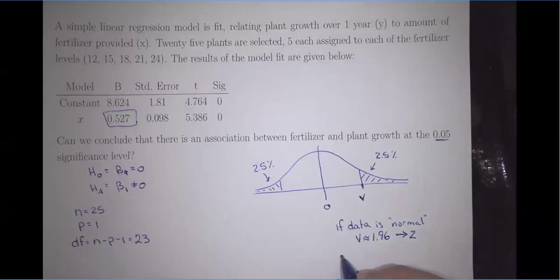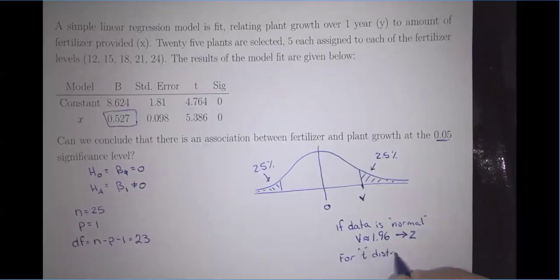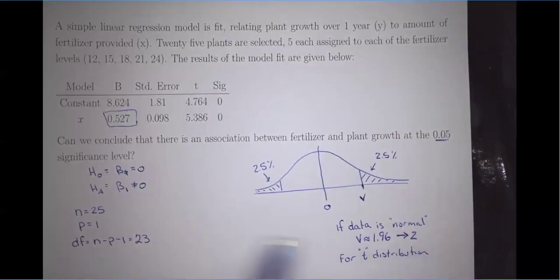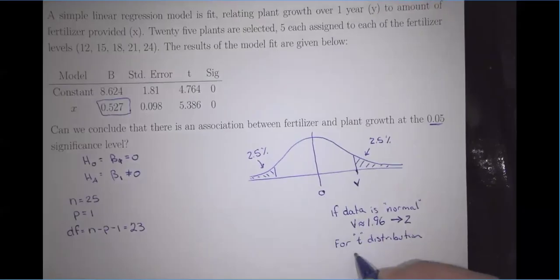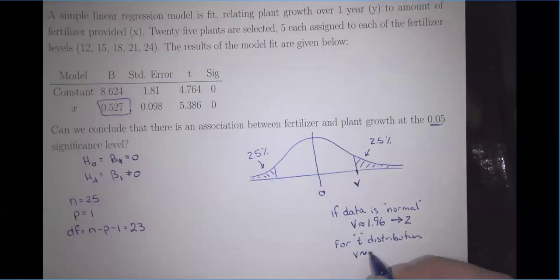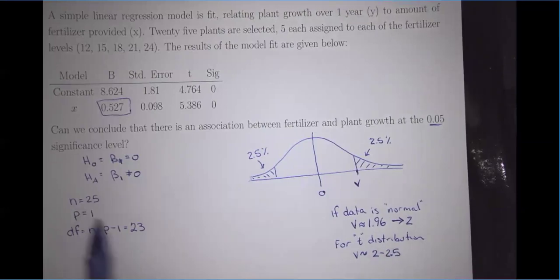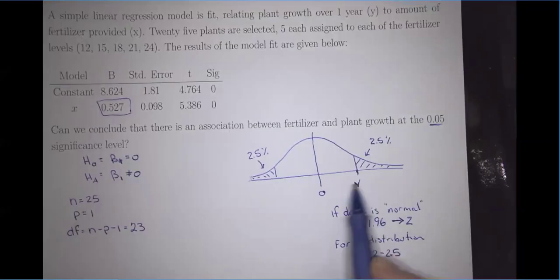So for t-distributed data with 23 degrees of freedom, your v value would be, again, just ballparking it, much closer to somewhere between 2 to 2.5. It really doesn't matter what your n is. 2.5 will be pretty close as a value of v.